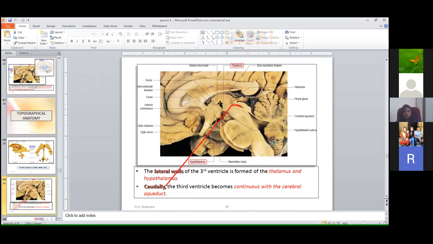The lateral walls of the third ventricle are formed by the thalamus and hypothalamus. This is a slit cavity. Once you open it up only, you can make out this cavity; otherwise you cannot. So the lateral boundary of the third ventricle is formed by the thalamus and hypothalamus. That is the relation.